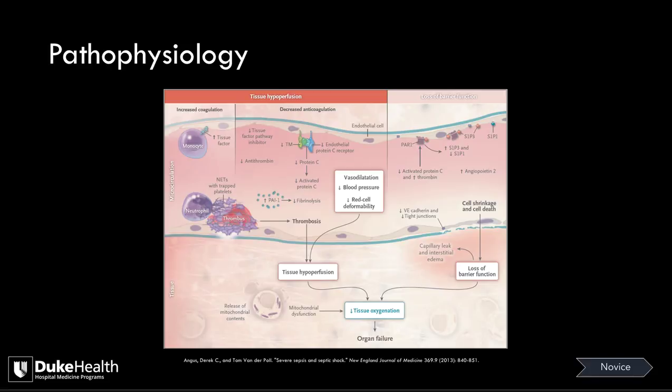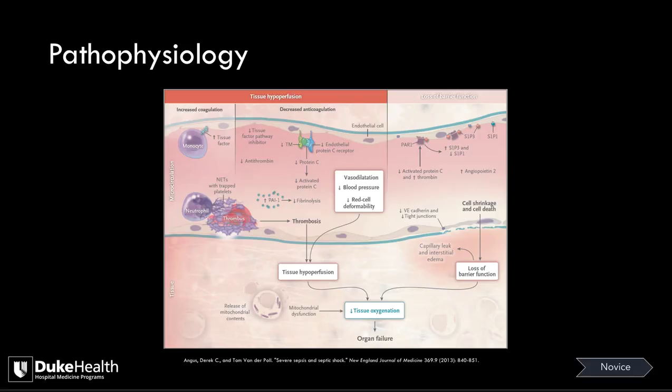And this slide here, which was also sort of the follow-up slide to the previous, shows how we have activation of the clotting cascade leading to thrombosis. We have various downregulation of the tight junctions and intercellular connections that lead us to have capillary leak and the development of distributive shock, which ultimately leads to tissue hypoperfusion.